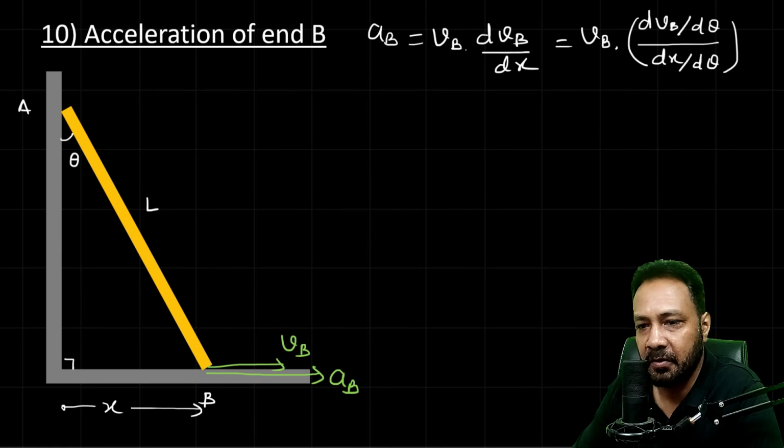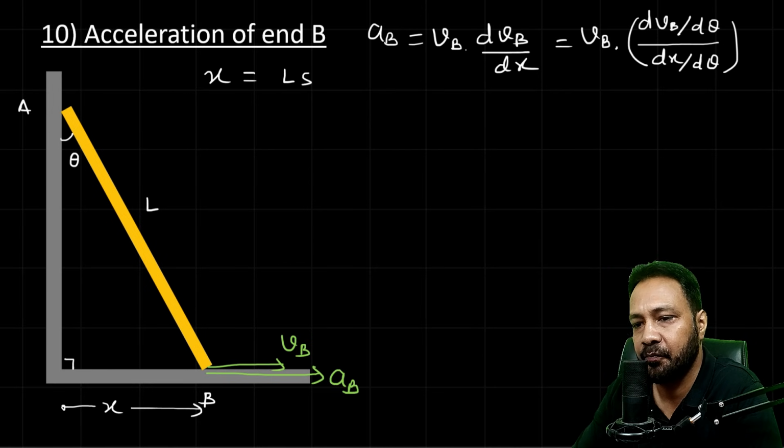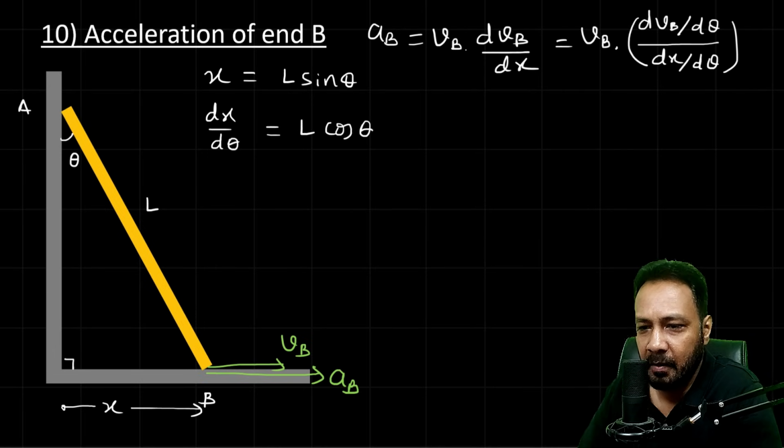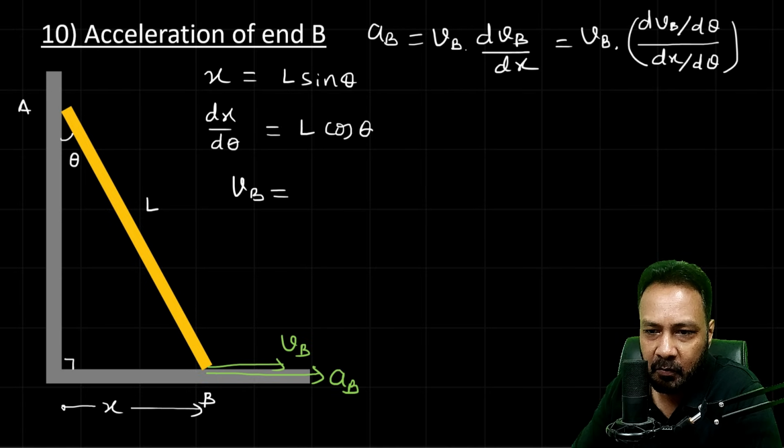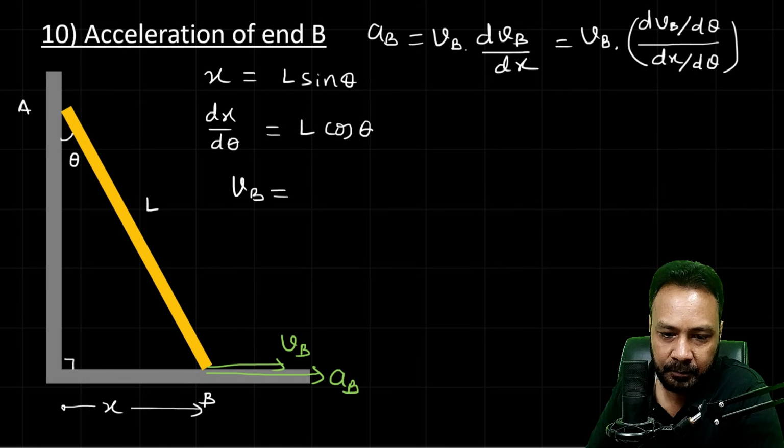First simple thing, x you can see is L sin theta. So dx by d theta is equal to L cos theta.